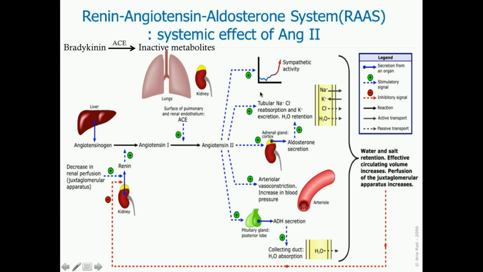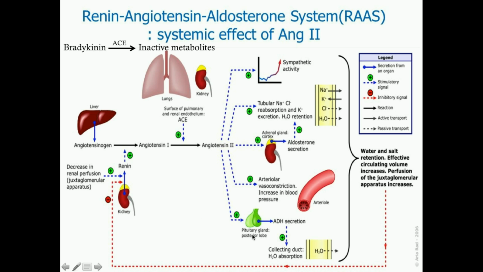Another way that you can do this same exact thing is that the angiotensin 2 is going to cause your adrenal cortex to secrete aldosterone, and aldosterone does the same exact thing. It promotes the reabsorption of sodium at the expense of potassium, and this helps us maintain fluid volume. Another thing that angiotensin 2 does is it causes arteriolar vasoconstriction, and this is going to increase your blood pressure to some degree.